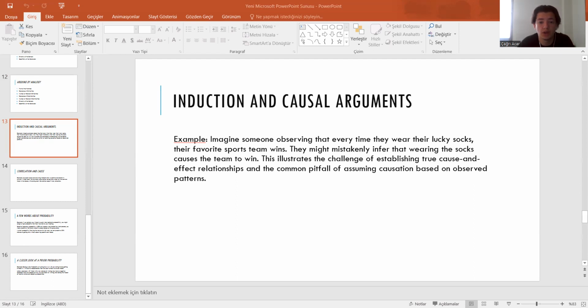The concept of cause and effect is integral to our understanding of the world, though it is challenging to establish such relationships definitively. The discussion delves into the difficulty of identifying true cause and effect relationships, emphasizing the need for careful evaluation. The example of Hume and Russell is used to illustrate the challenges in assuming causation based on observed patterns.